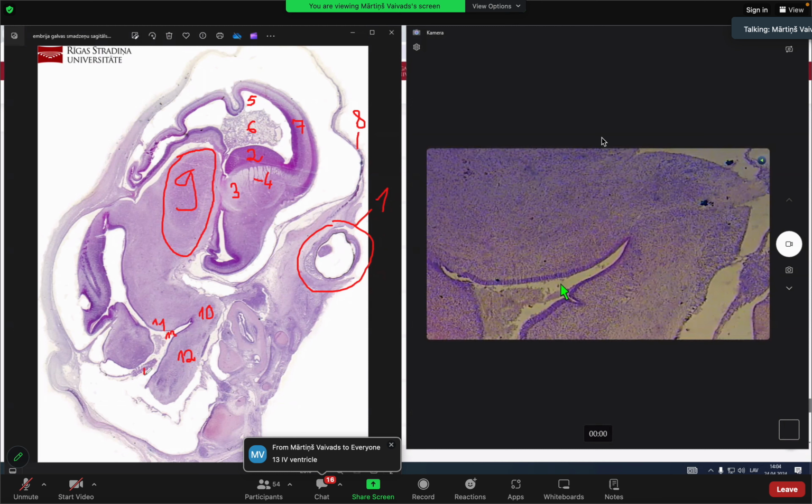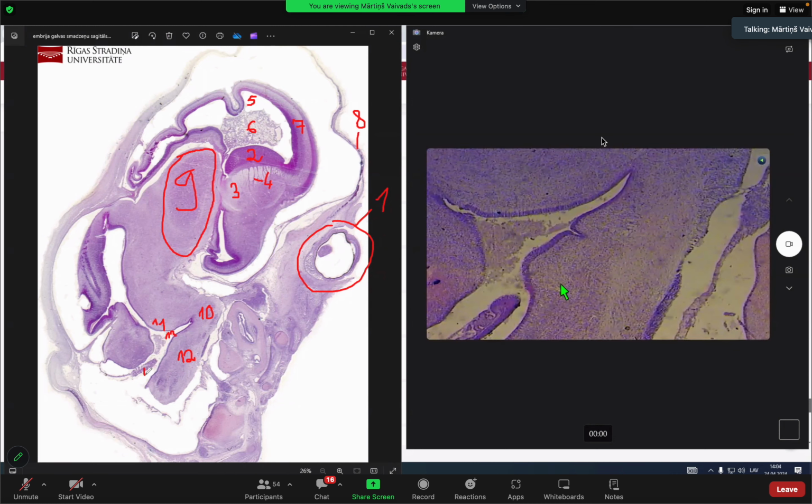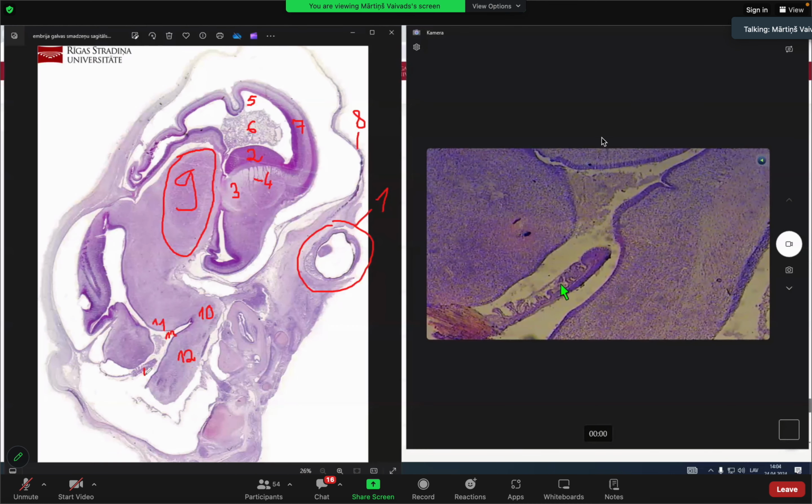And inside this ventricle, if I move down, you will also see plexus choroideus, same number 6. Plexus choroideus reappears again.